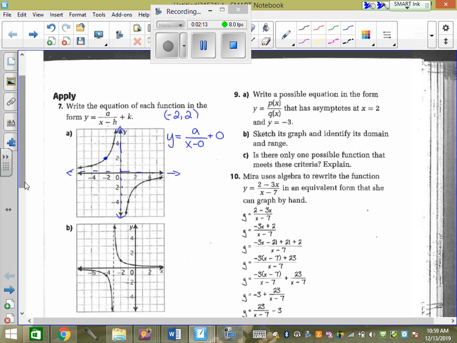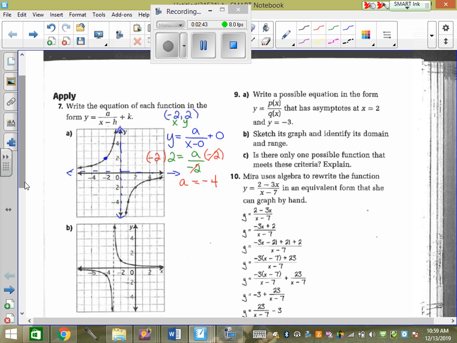The box thing is for radical graphs, not rational graphs. Okay, so we have x, y. So we have 2 equals a over -2 plus 0, which I don't need the plus 0, so I'm going to ignore that. And then I'm going to multiply by -2. And I'm going to get a equals -4.